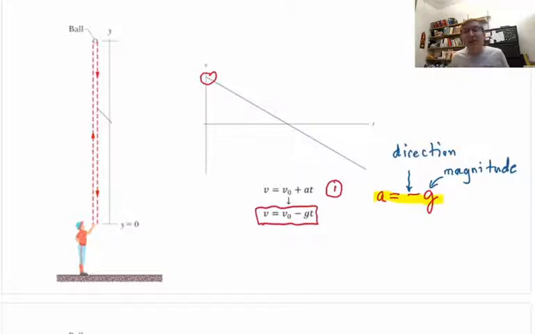And if I have that in front of me, I know that if I plot velocity versus time, this is the form of a straight line. Okay? It has the generic form y equals b plus mx, where b is the vertical intercept and m stands for slope. And here the vertical intercept is the initial velocity, which is a positive value because the initial velocity is directed upward, right?